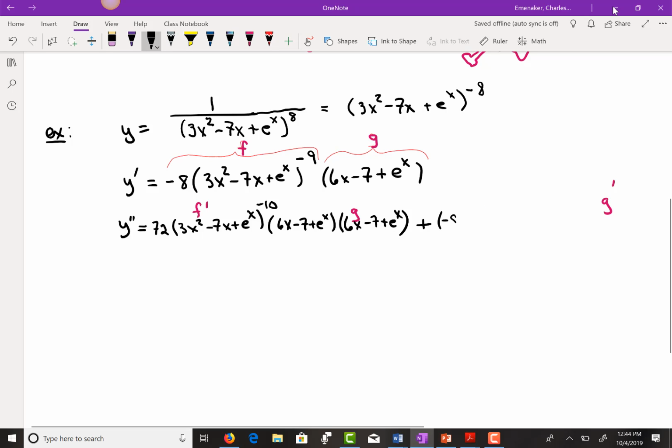So that's going to be this negative 8 times this 3x squared minus 7x plus e to the x raised to the negative 9th power. Then we're going to write down what the derivative of g is, which is going to be 6 plus e to the x. These answers are going to start to get long.